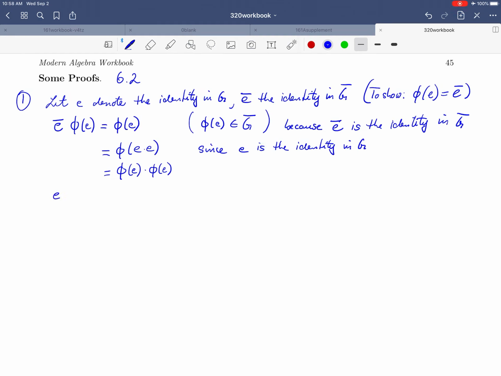And now we have E bar times phi of E is equal to phi of E times phi of E.